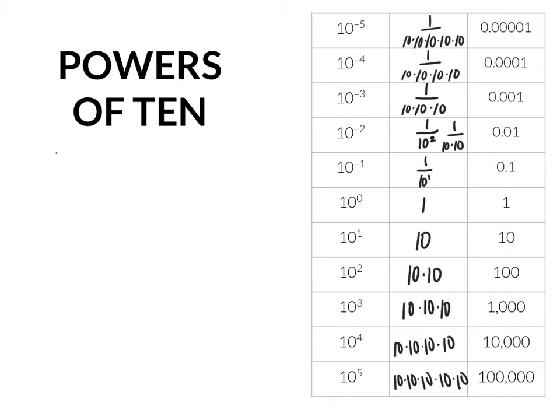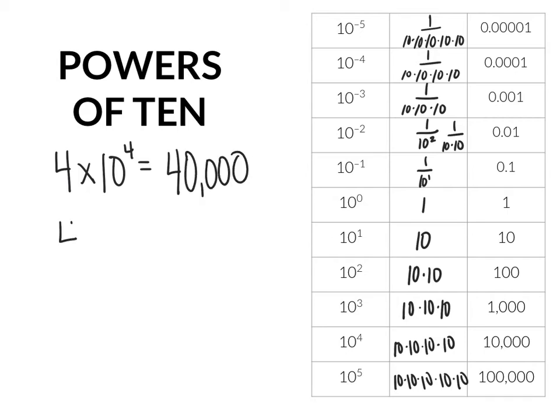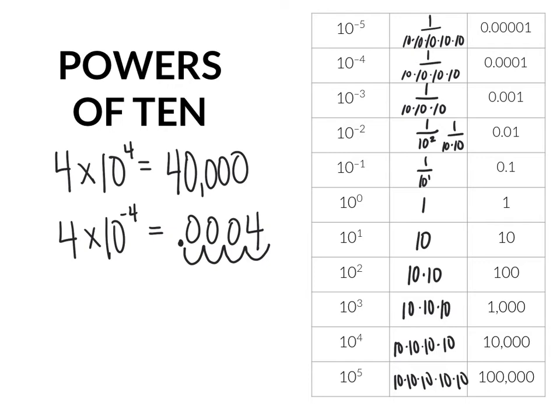For example, 4 times 10 to the 4th power would be 4 times 10,000. Or 4 times 10 to the -4th power would be 4, and then I move my decimal 1, 2, 3, 4 places since I'm dividing, and I get 4 10,000ths.